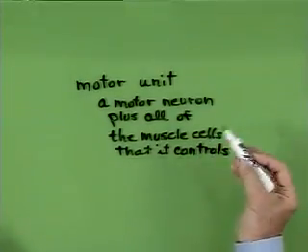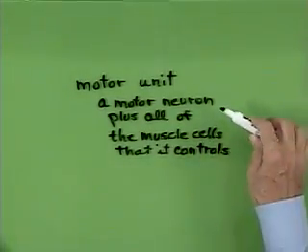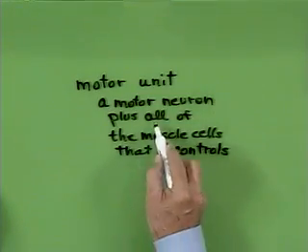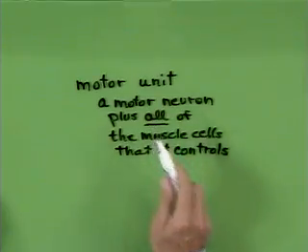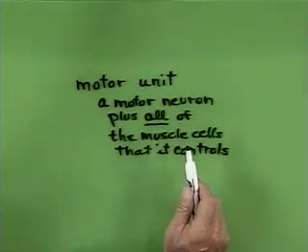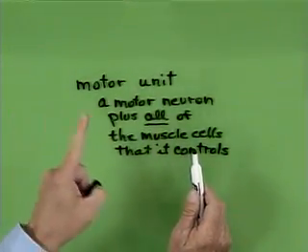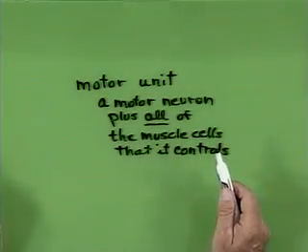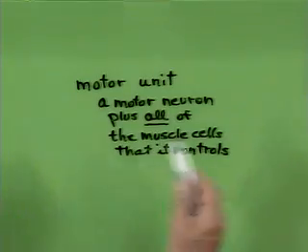Now, motor units are of various sizes. Some motor units only have a few muscle cells in them, and some of them, when we say all, actually have several hundred muscle cells. One neuron controlling a few muscle cells, or one neuron controlling several hundred muscle cells. A given muscle, Bryce, is going to have lots of motor units, and it's going to have motor units of varying sizes within it.